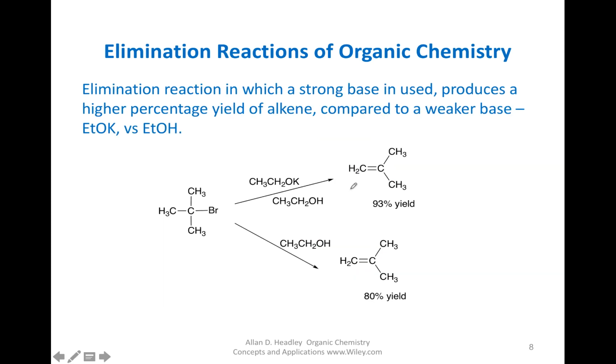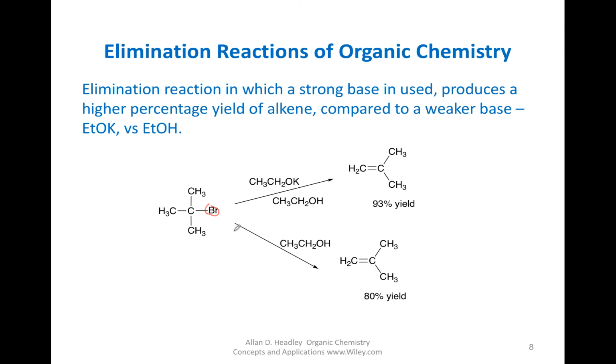Okay, let us look here at a slightly different molecule. Here we have a carbon with 3 methyl groups and a good leaving group, bromine. So there's only one possible product here, forming the double bond between this carbon and one of these carbons.